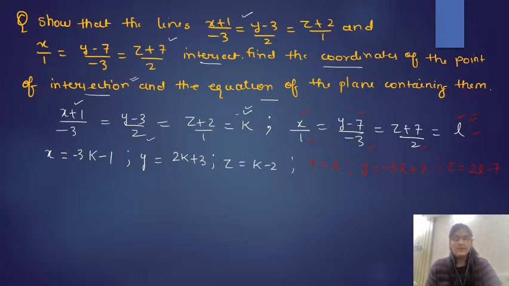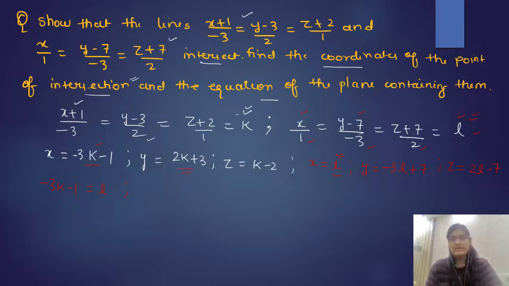Correct? Now, in order to have a point of intersection, because the question is saying find them, the x, y and z parts should be equal. So x is here minus 3k minus 1, whereas x here is L, so these two should be equal.